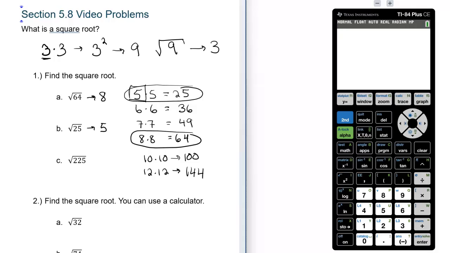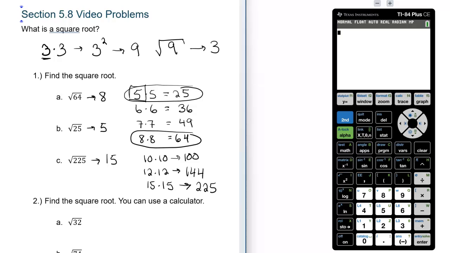Okay, so we're still not there. So let's do 15 times 15. Okay, so if I do the 15 times 15, I get 225. So that means the answer is 15.